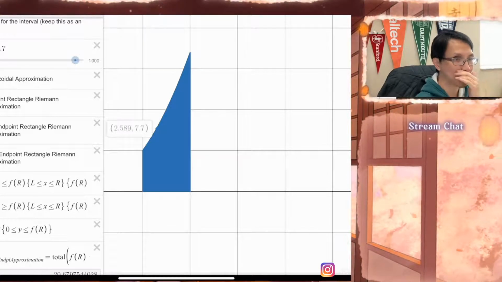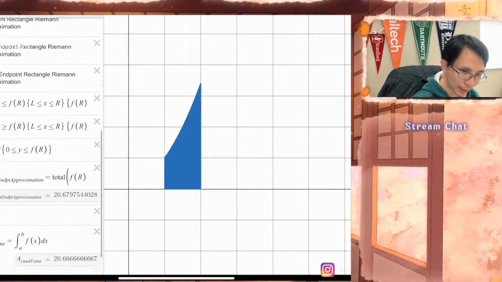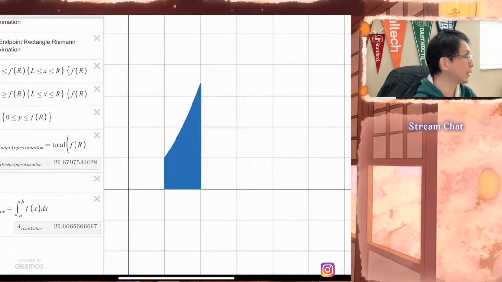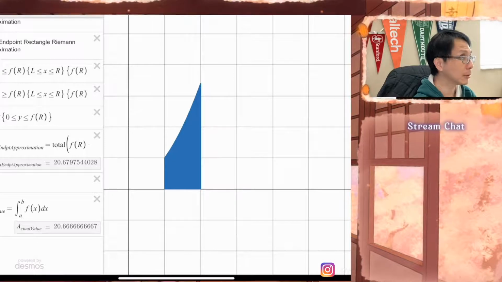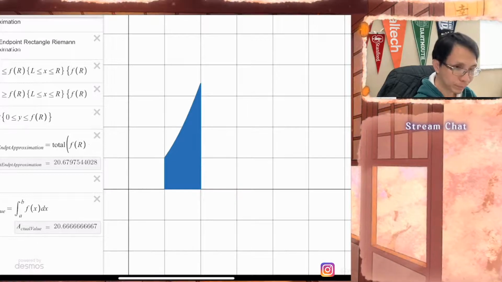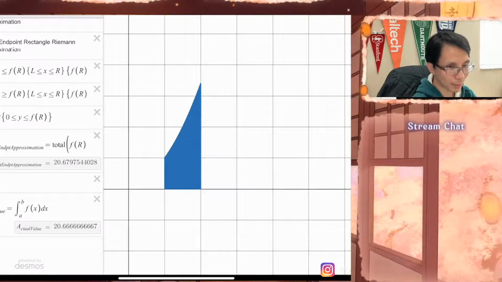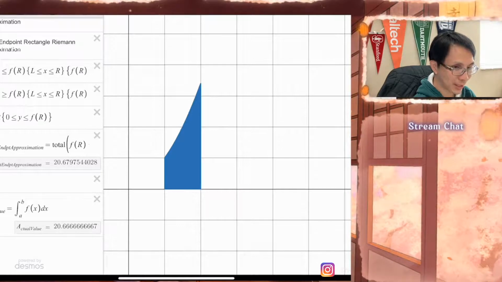But let's show you what the exact area is. So the exact area is 20.666. You see that? The actual value on the bottom? And what is the right end approximation if I break it into 1,000 pieces? 20.679.